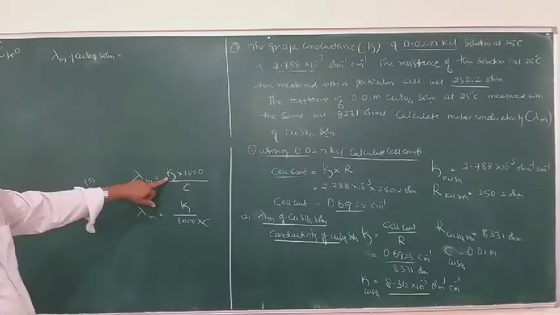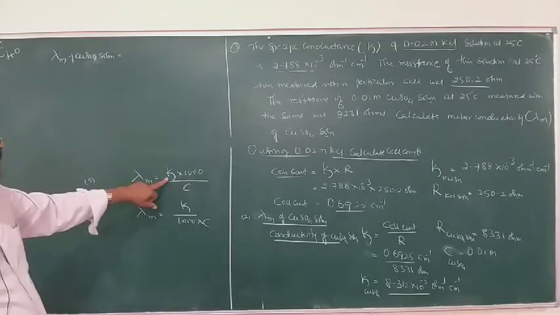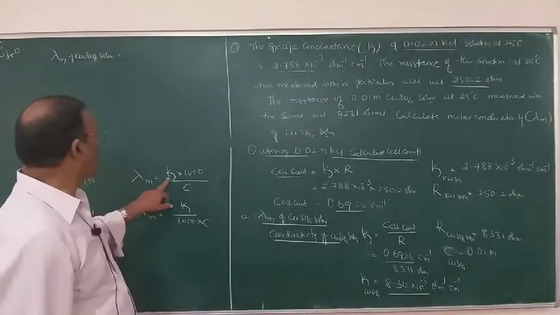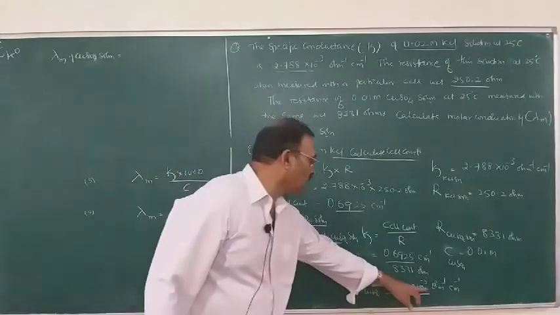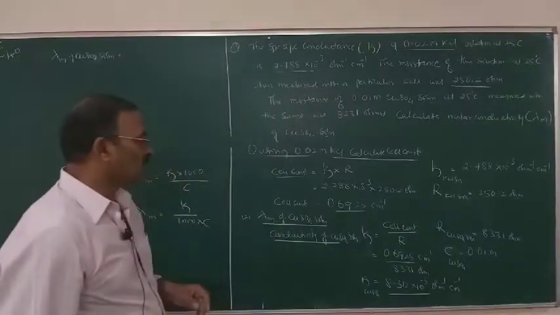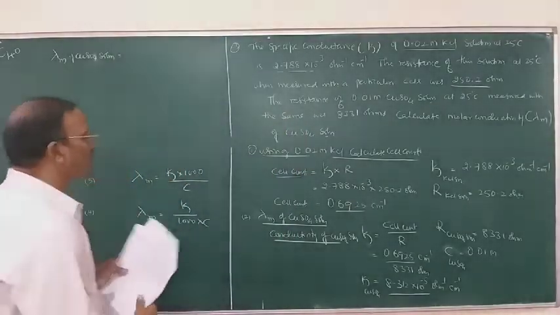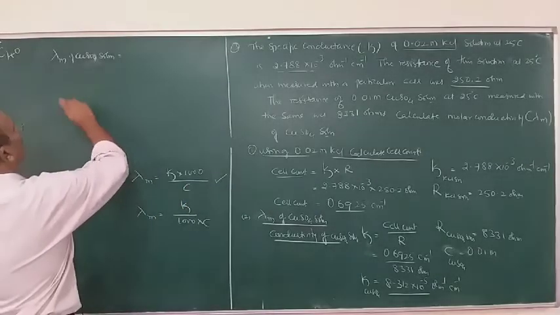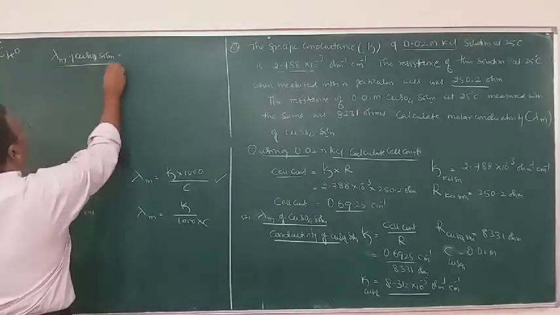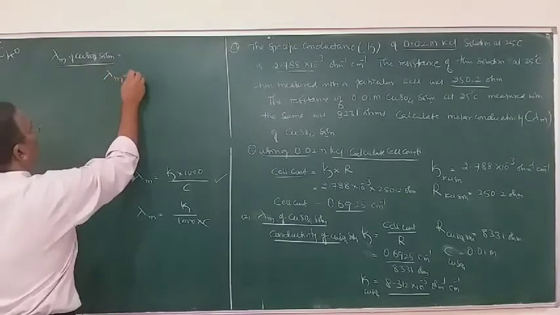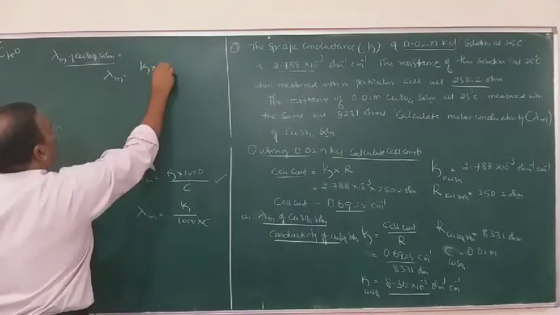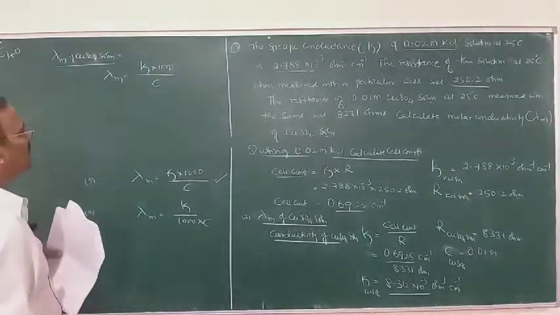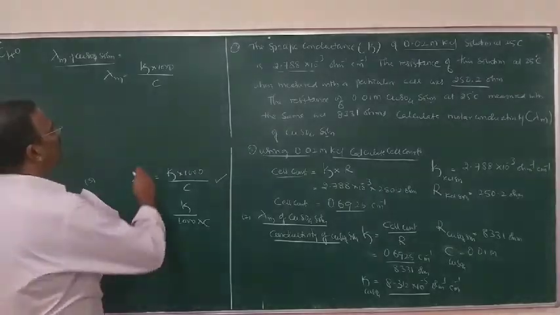But what is the unit of specific conductance here? Specific conductance of copper sulfate is determined in CGS unit, that is ohm minus 1 centimeter minus 1. Therefore, we have to use this formula. Lambda m is equal to kappa into 1000 divided by C, where C is the concentration of copper sulfate solution.